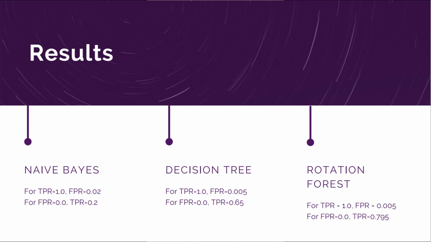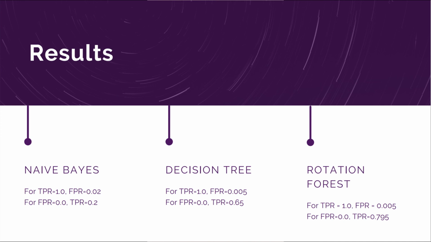Okay, so let's review the results. For naive Bayes, for true positive 1, we have a false positive rate of 0.02. For false positive 0, we have a true positive of 0.795.